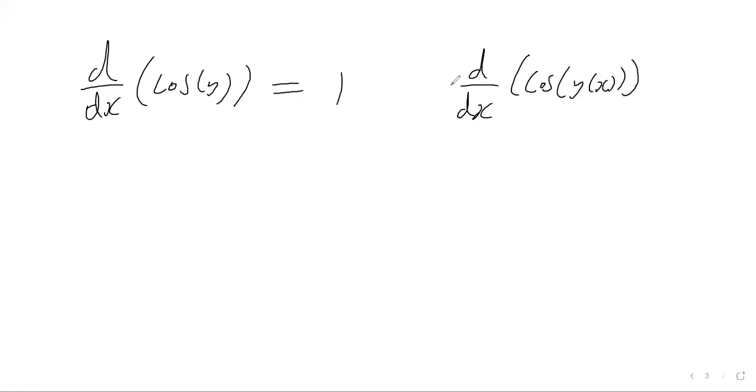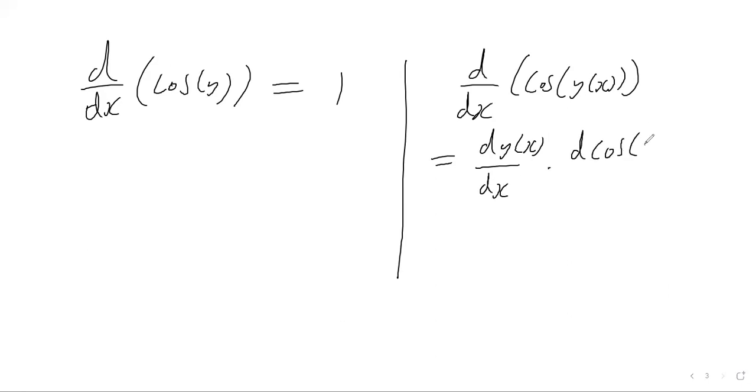Using the chain rule formula from previous videos, we differentiate y of x with respect to x, and multiply that by the derivative of cos of the y function with respect to y.